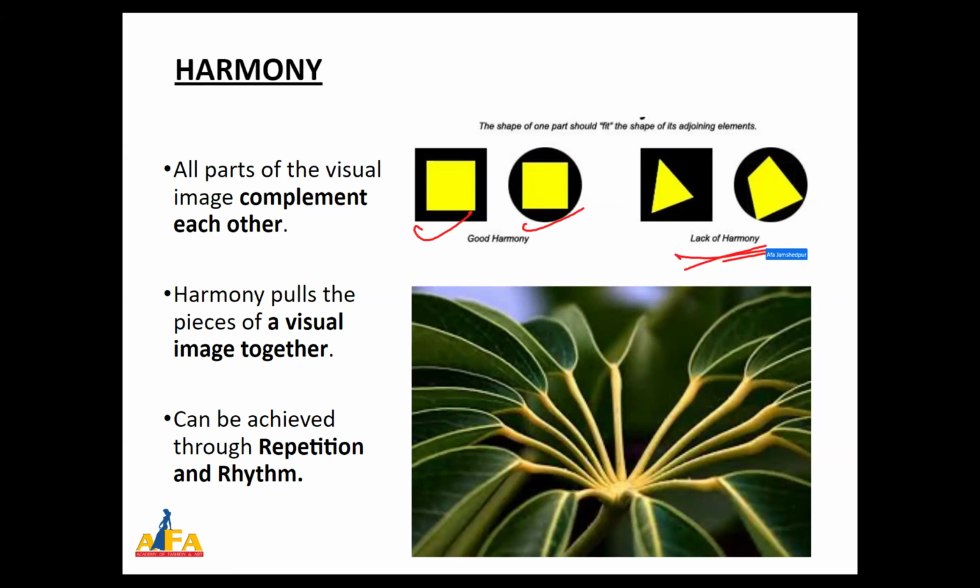You will feel, can't we turn this a little to make it parallel? Can't we touch it here like this? Yes or no? So this is harmony. Harmony means the complete, unified and balanced arrangement of all the elements which you are using.